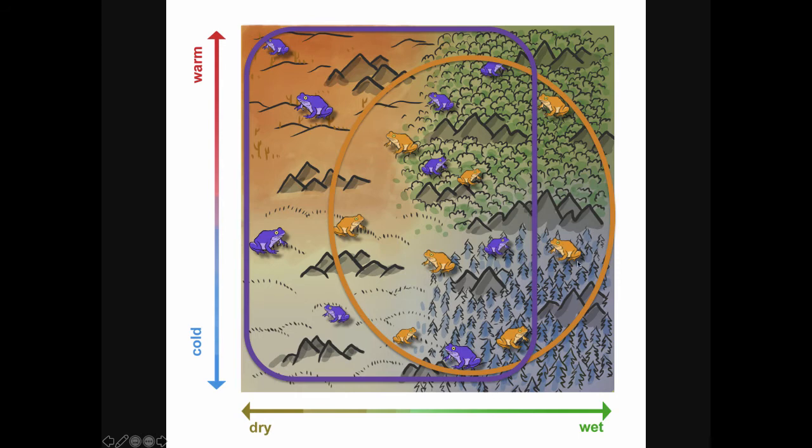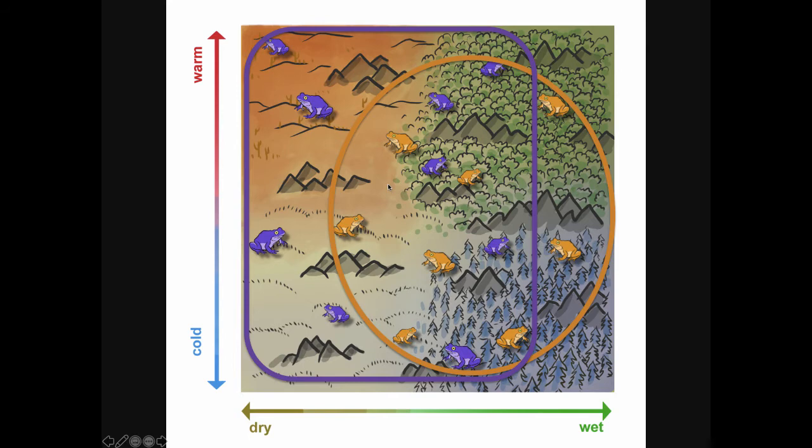So we're saying, okay, maybe the orange frog can't get over here for dispersal reasons or whatever, and so the environments it has available to it are actually the ones that are within this oval range here. And maybe the purple frog can't actually get over here, and this is the range of environments or geographic regions that it's able to sample from.